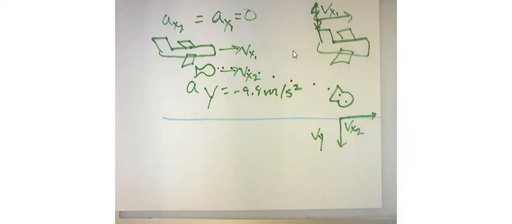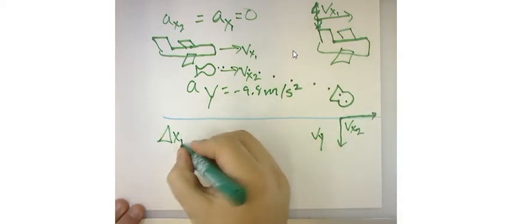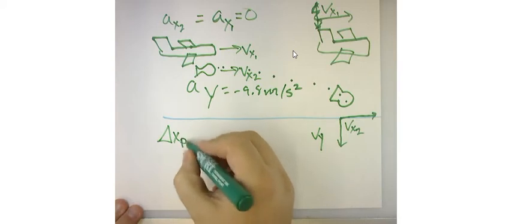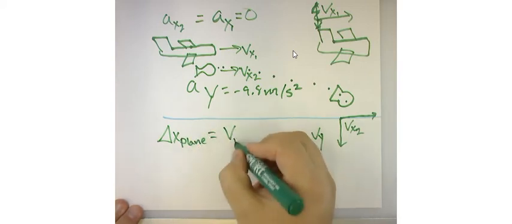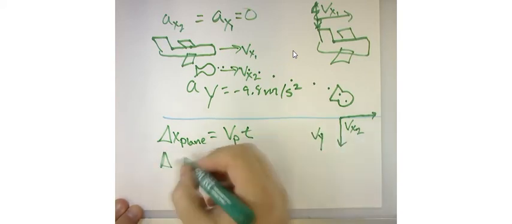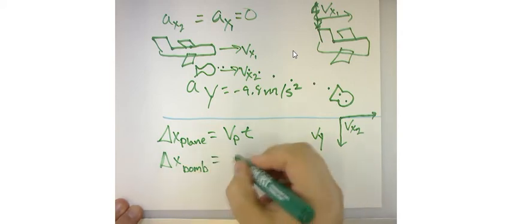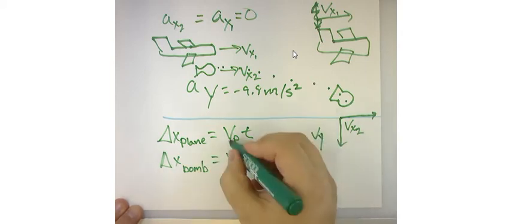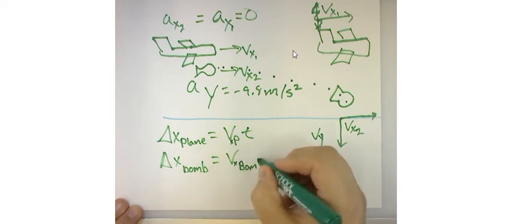So their displacement, delta x in the x direction for the plane, will be equal to the velocity of the plane times time, while the displacement of the bomb will be equal to the velocity, and this is in the x direction I should say, of the bomb times t.